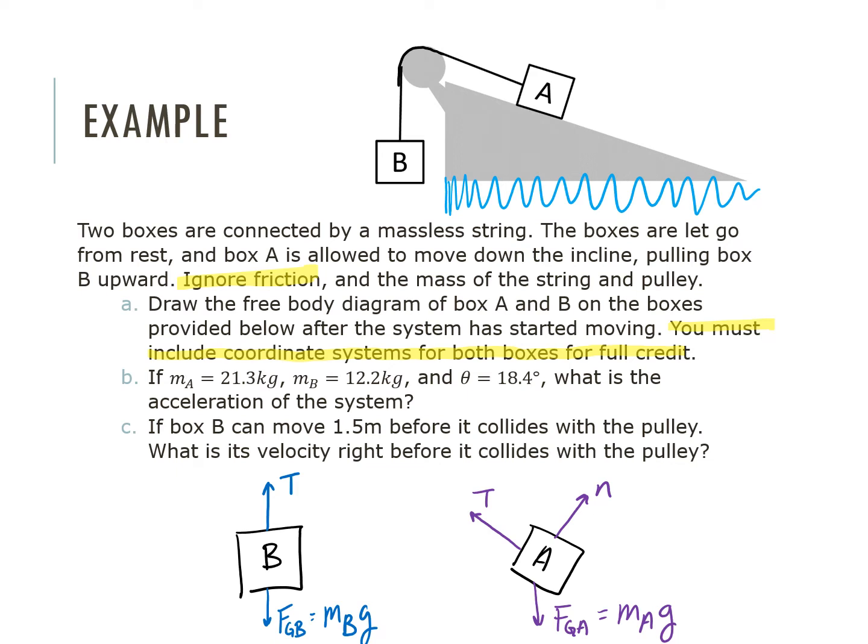Now my personal preference is that I don't want to have a negative acceleration. So I want to figure out which way my objects are moving. It tells me box A is allowed to move down the incline, pulling box B upwards. So this question does tell me the direction in which my boxes are moving.